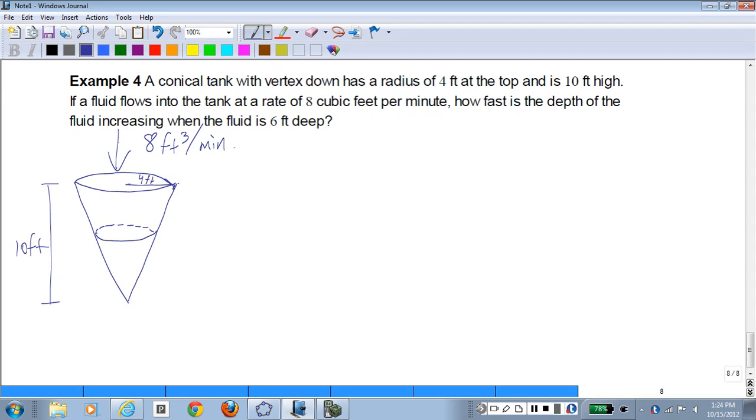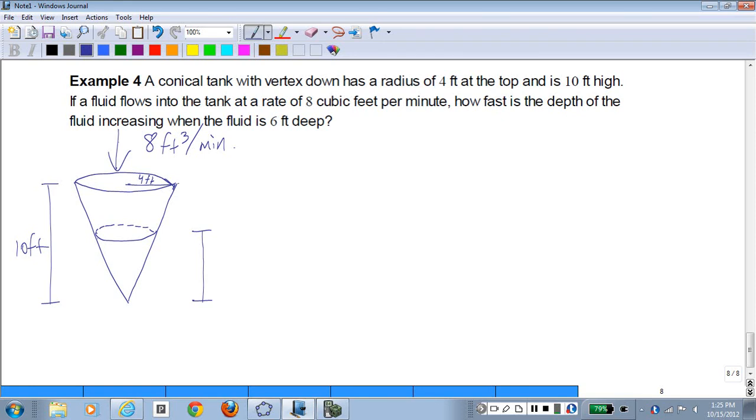Okay. So we need a variable to represent the depth. I don't think I want to use D. d/dt is probably going to be problematic. We could use capital D maybe. V for volume.